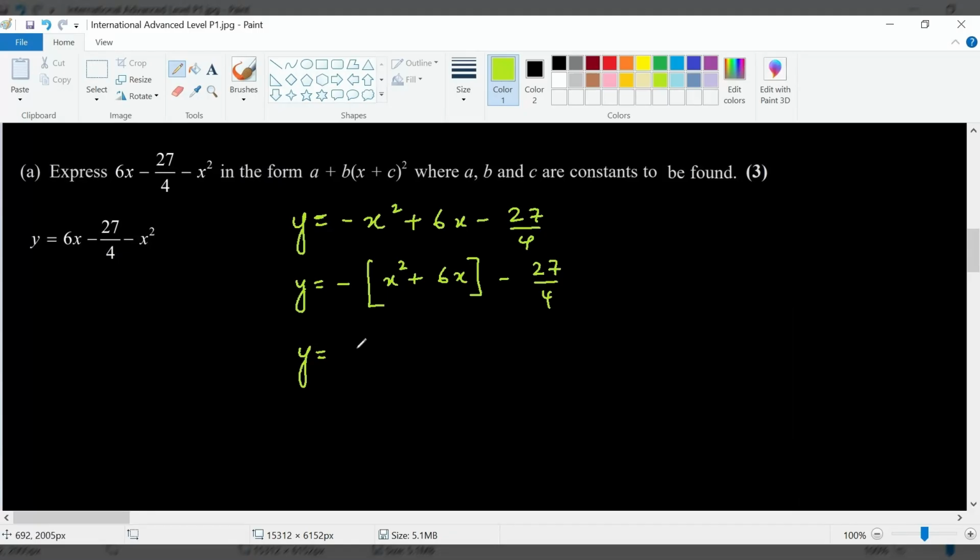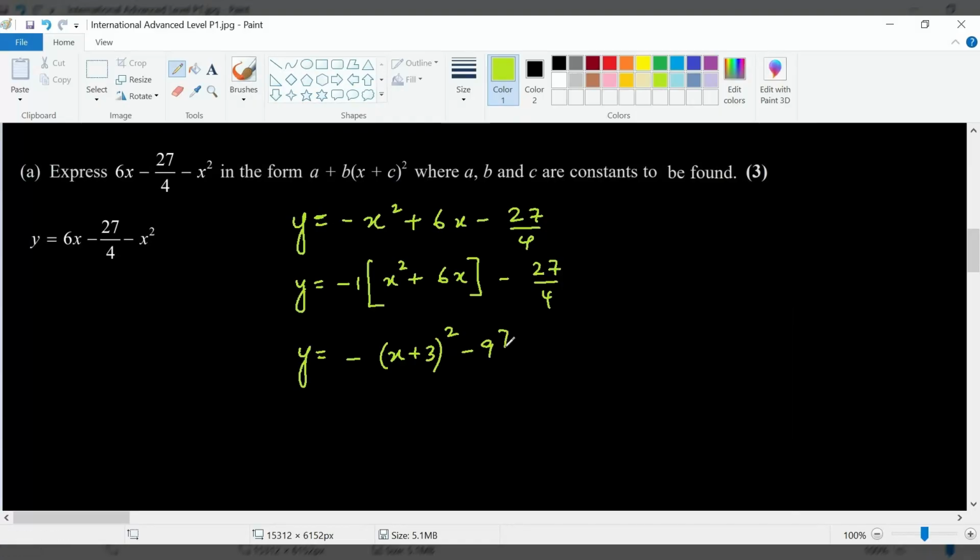Now this is going to be negative 1, I must write here, and if I break this up, it's going to be x plus, what is the half of 6x? It's 3x. So I will write 3 over here, and I will write a square. And once I expand this bracket, I will get a plus 9 also. So I will write minus 9 over here, because this is going to be the opposite of plus 9.